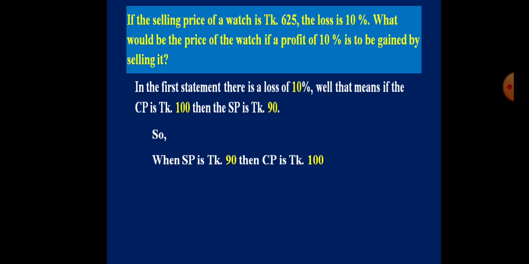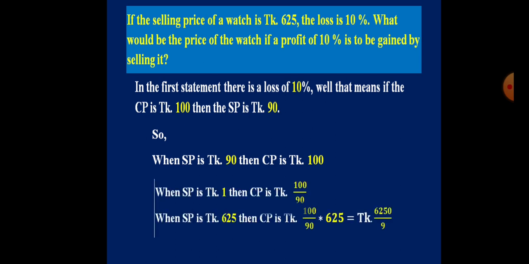That is why I have rewritten that previous line in this way: selling price 90, cost price 100. What if selling price 1, then the cost price would be 100 over 90. Then our selling price is given, you can see that 625, then our cost price is 100 over 90 times 625, which equals taka 6250 over 9.